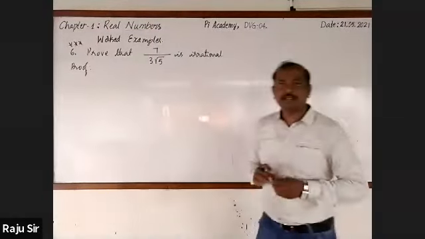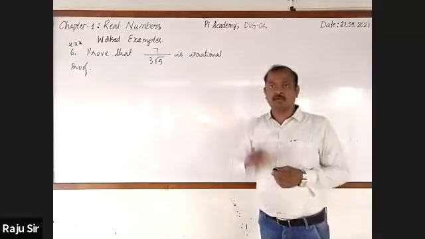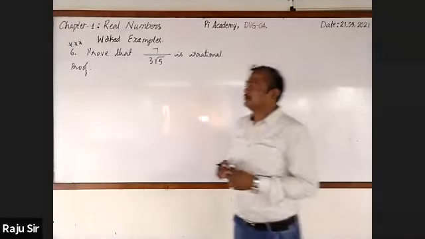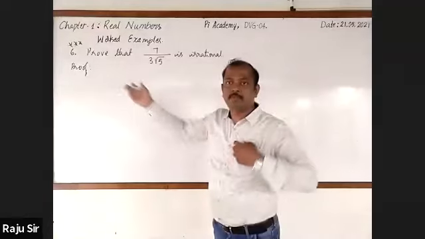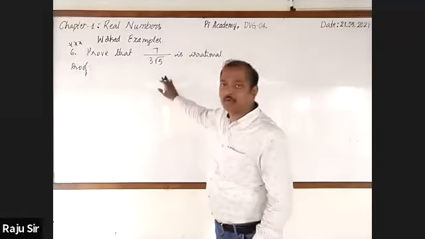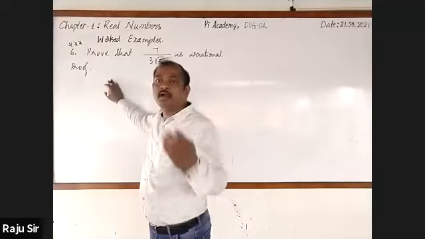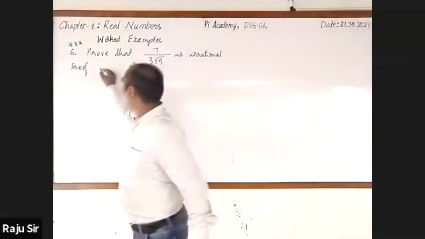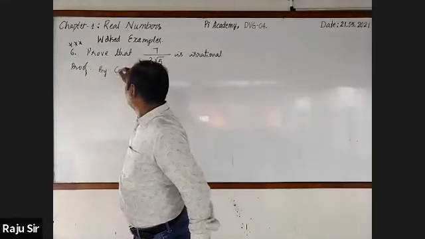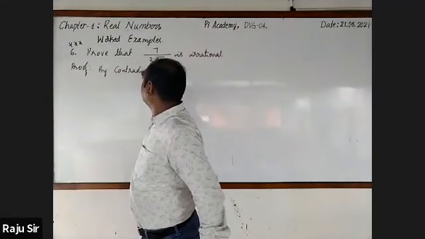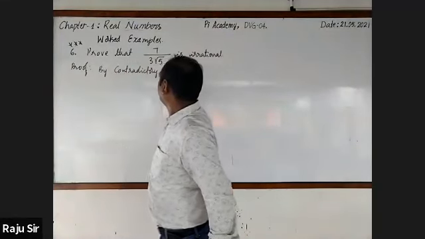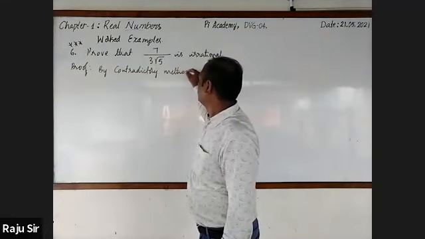It was given in the examination for 2 marks. It should be proved just like the previous one, and go on proving with me. So we will follow a method called contradictory method, right? By contradictory method.